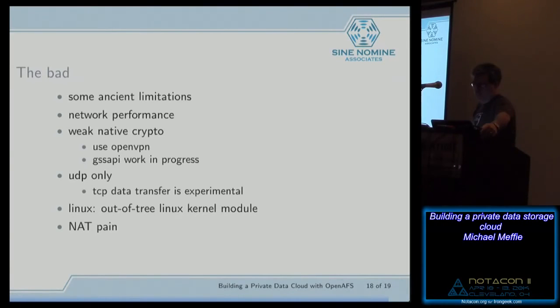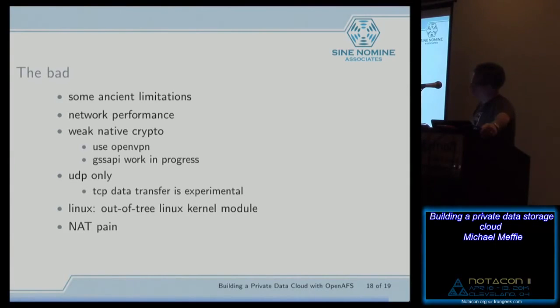So there are some really ancient, strict limitations that will bite you. For example, you can only have a theoretical maximum of about 64,000 files per directory, which will break some use cases, and that's something that needs to be fixed. But to do that would break compatibility, so it hasn't been fixed yet.